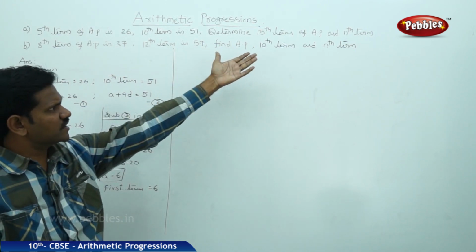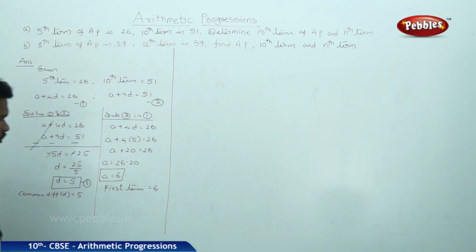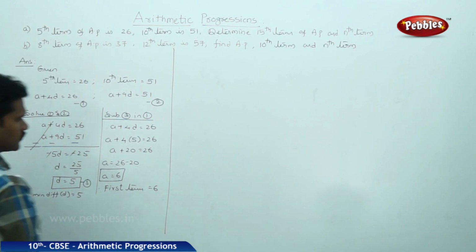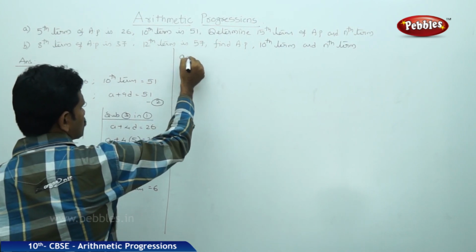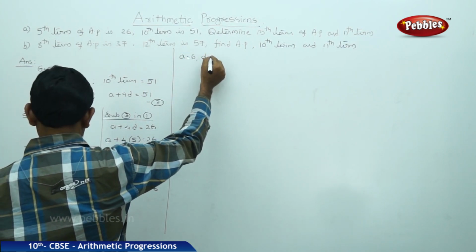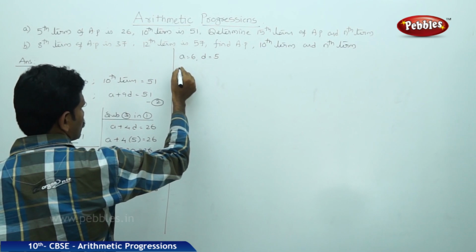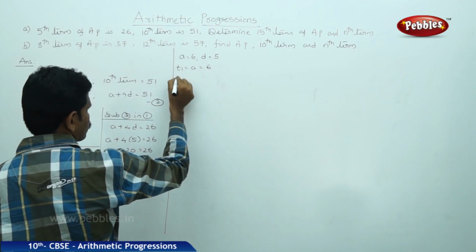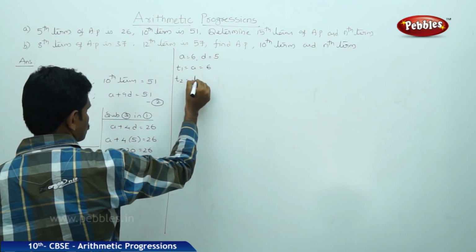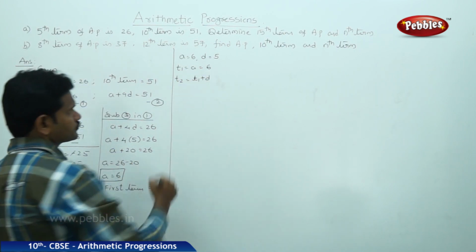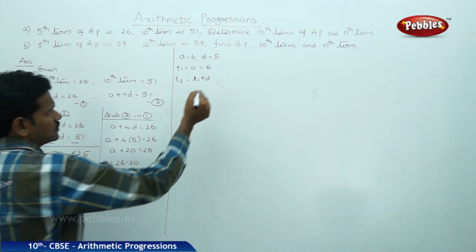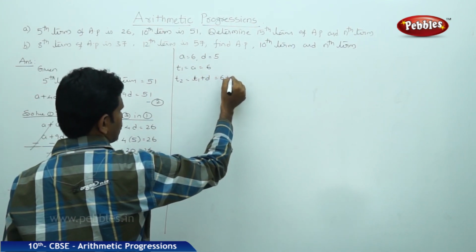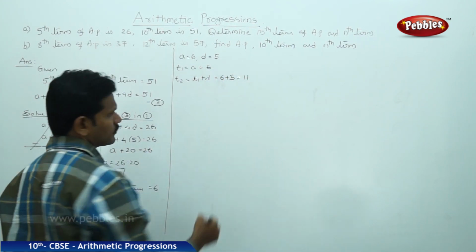Now, find the AP and the nth term. I know the first term and the common difference: a is equal to 6, d is equal to 5. Now, T1 is equal to a is equal to 6, T2 is equal to T1 plus d, that is 6 plus 5, equal to 11.